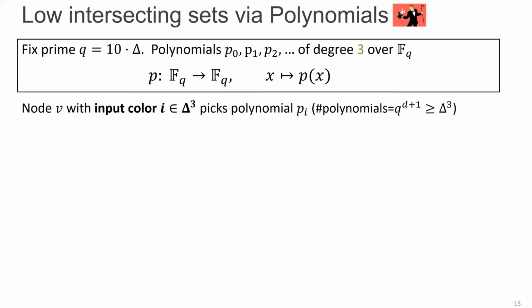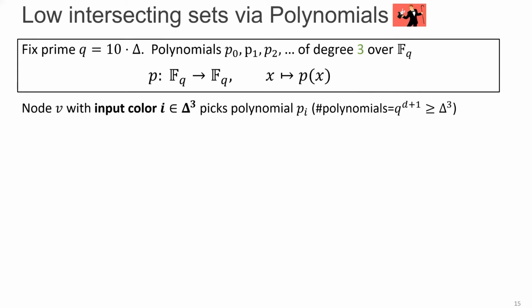And now a node with input color i, so the input color space is delta to the 3 here, just picks one of these polynomials, such that different input colors get different polynomials. And because the number of distinct polynomials here is larger than delta to the 3, this works.